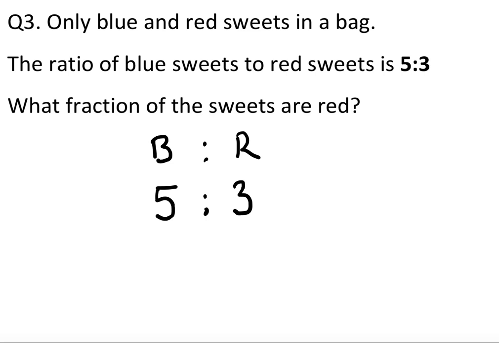So we want the total. So what's the total? You add them together, the 5 and the 3 will give you 8. So now the bottom part of the fraction is going to be 8. So we got 8 sweets in the bag.